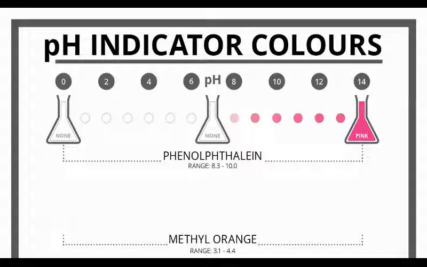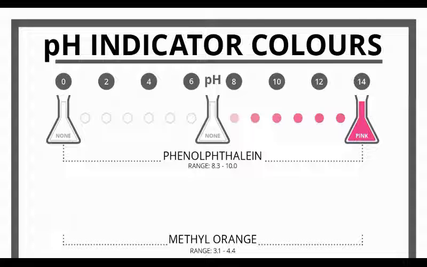Since the pH range of phenolphthalein is from 8.3 to 10, phenolphthalein is a suitable indicator for a strong acid strong base titration and weak acid strong base titration. Why? Again, it is because the pH range of the phenolphthalein lies between the steep part of the curve of strong acid strong base titration and weak acid strong base titration.